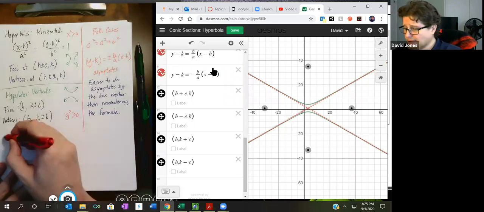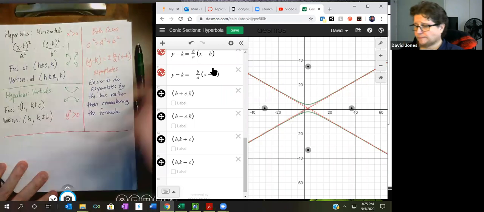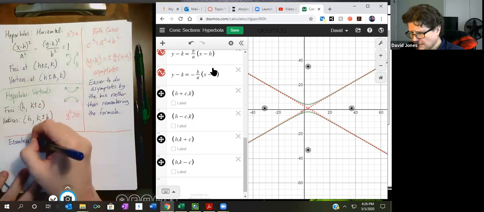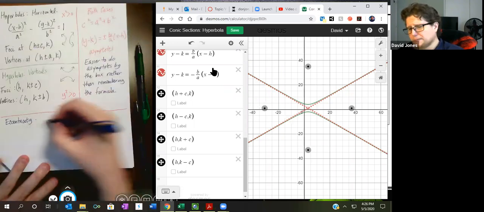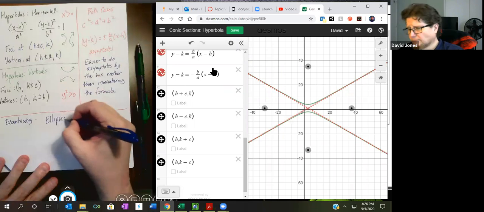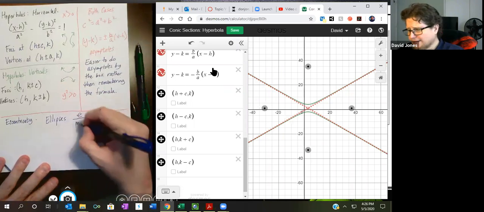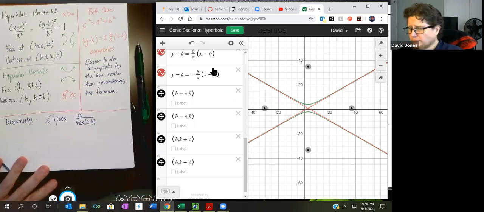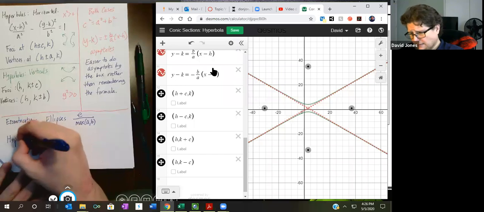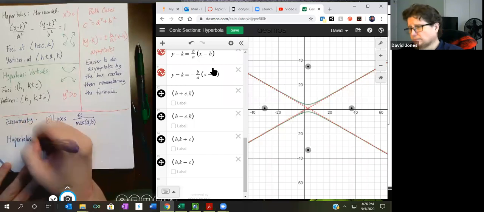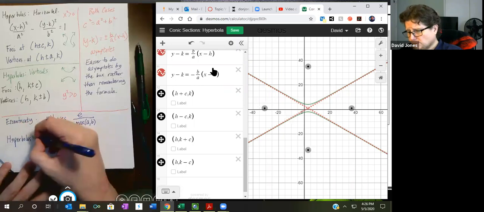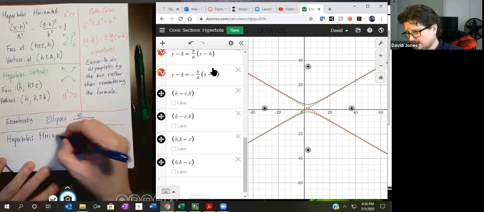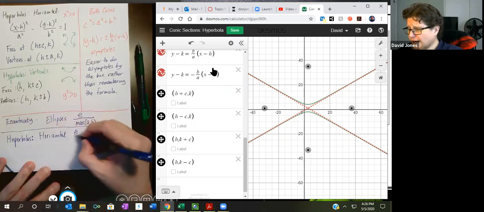Eccentricity. For ellipses, it was c over the max of a and b. Not quite here. For hyperbolas, the horizontal one is c over a.